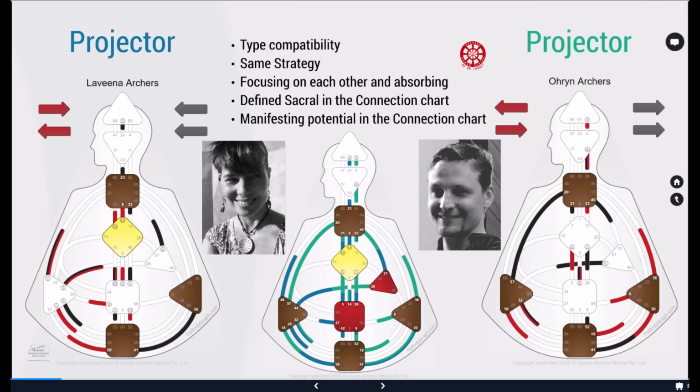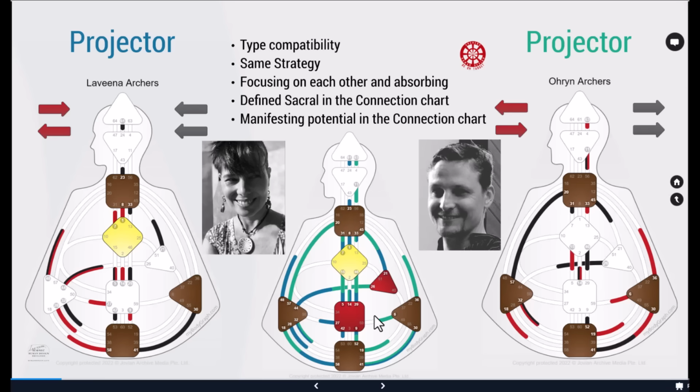And what happens when you come together is that there is a defined sacral center in the connection chart. That's our energy resource. And also there's manifesting potential from all of your energy functions, which is quite powerful. Now, when you look at a body graph and you look down and you say, oh, we're a manifesting generator together, no, that's not the case.